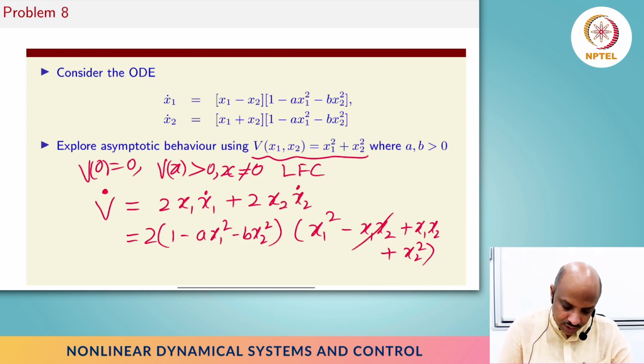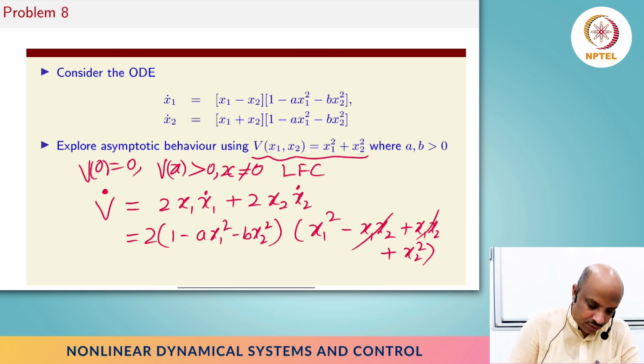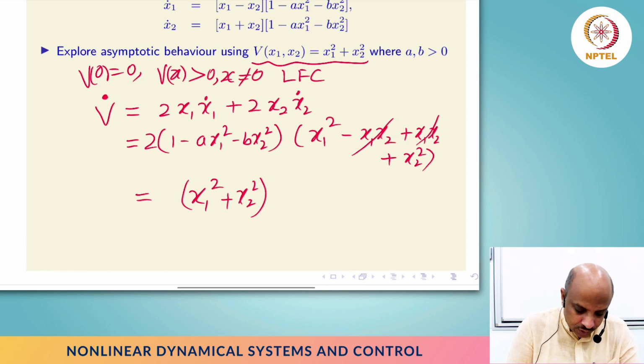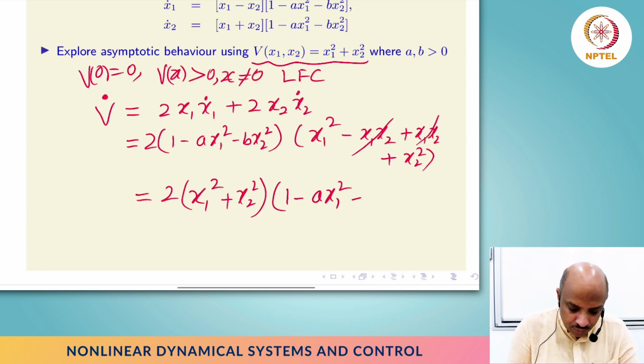So this cancels, and then eventually we will end up with x1 square plus x2 square times 1 minus a x1 square minus b x2 square.